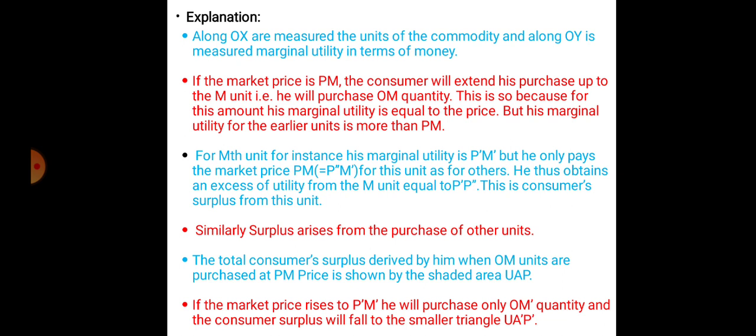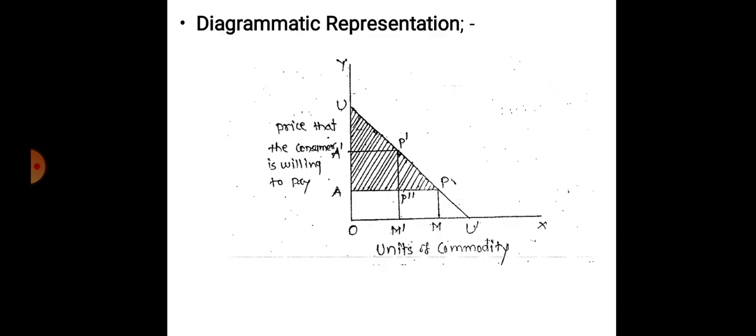Because we assume that the market price is PM for this unit as for others, he obtains an excess of utility from the M dash unit equal to P dash P double dash. This is the consumer surplus from this unit. Similarly, surplus arises from the purchase of other units. The total consumer surplus derived by him when OM units are purchased at PM price is shown by the shaded area UAP. So this is the big triangle UAP.